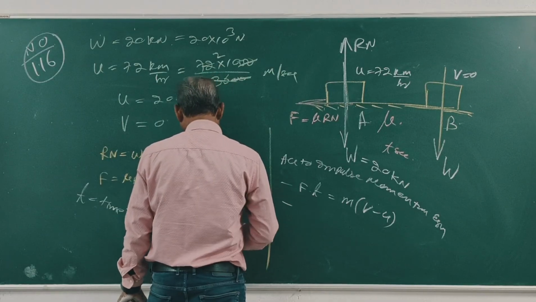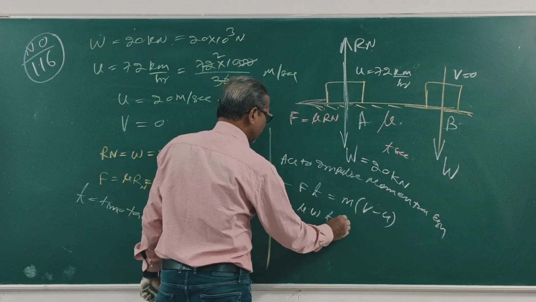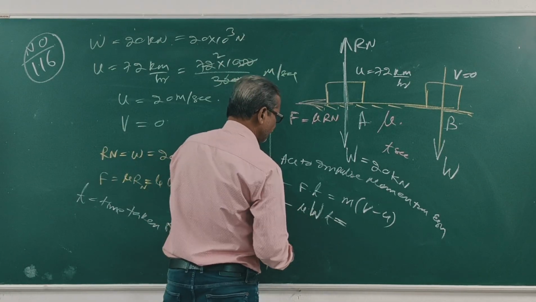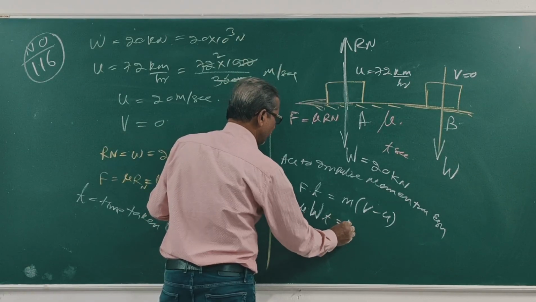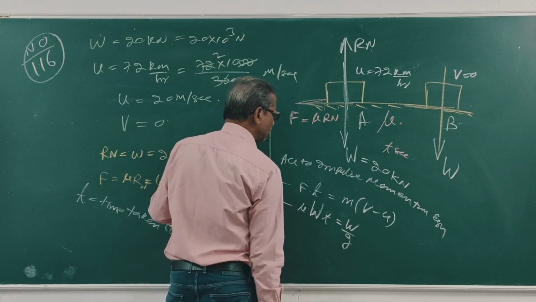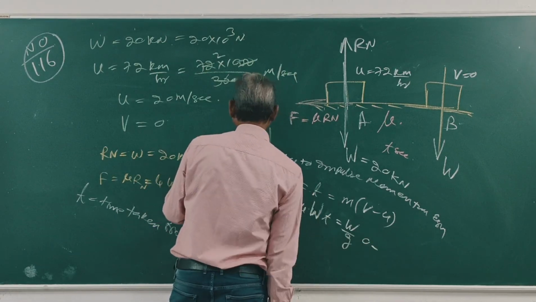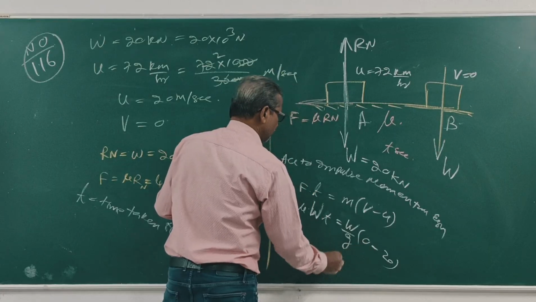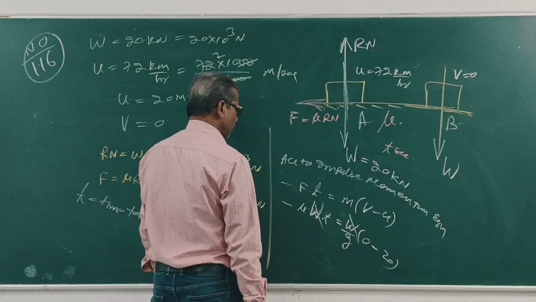F is mu Rn, mu W, so minus mu W into T is equal to M, W by G, into V minus U, 0 minus 20. So W cancels out.